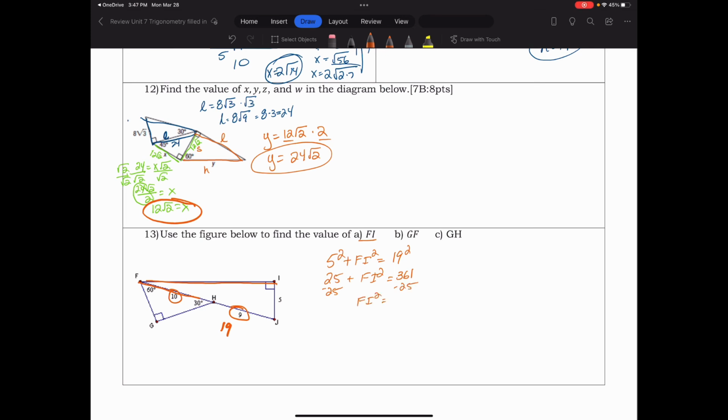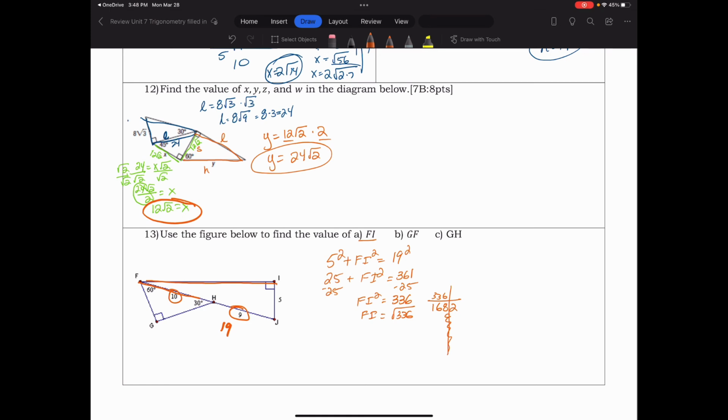FI squared is equal to 336. The distance from F to I is equal to the square root of 336. Now I simplify. 336 divided by 2 is going to be 168. I don't know why I'm simplifying.